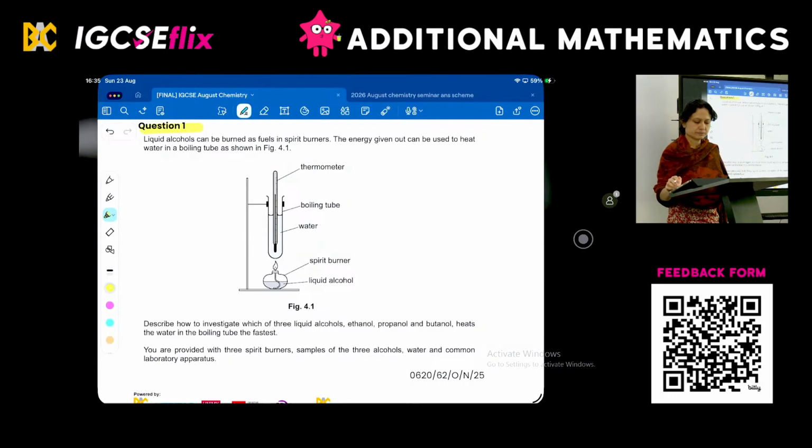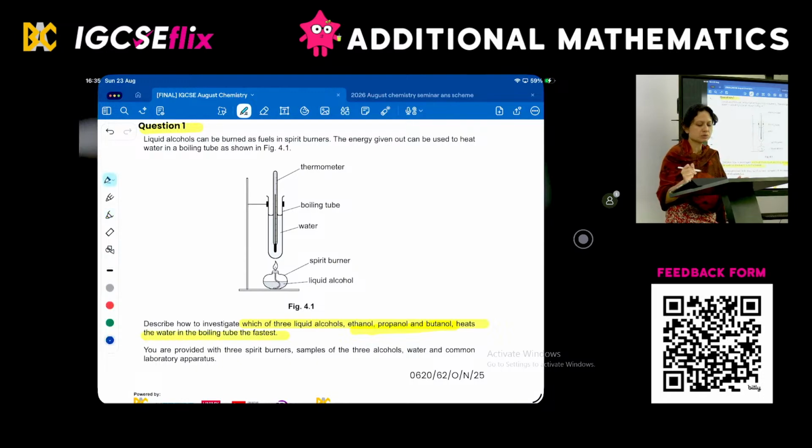Liquid alcohols can be burned as fuels in spirit burners. The energy given out can be used to heat water in a boiling tube. Describe how an investigation can prove which of these 3 liquids, ethanol, propanol, butanol, heats the water tube the fastest.